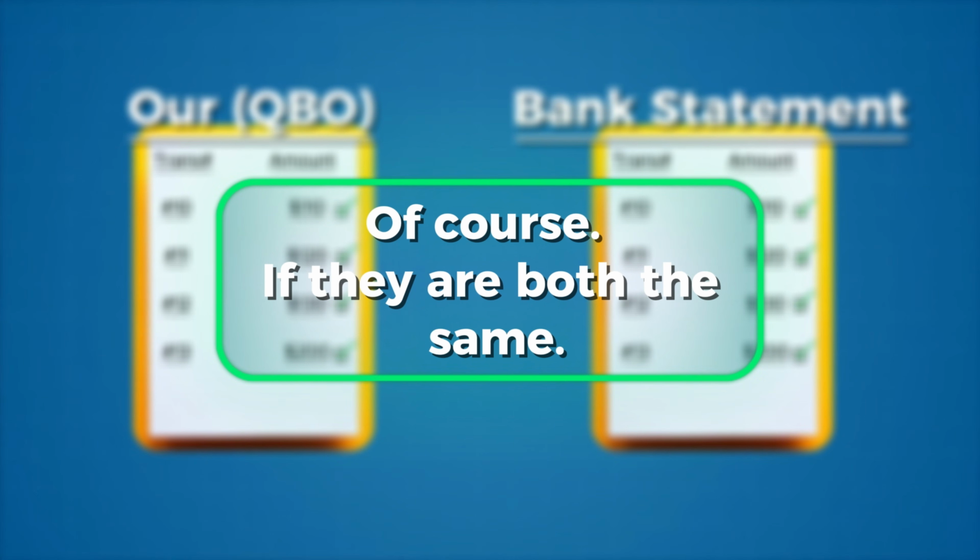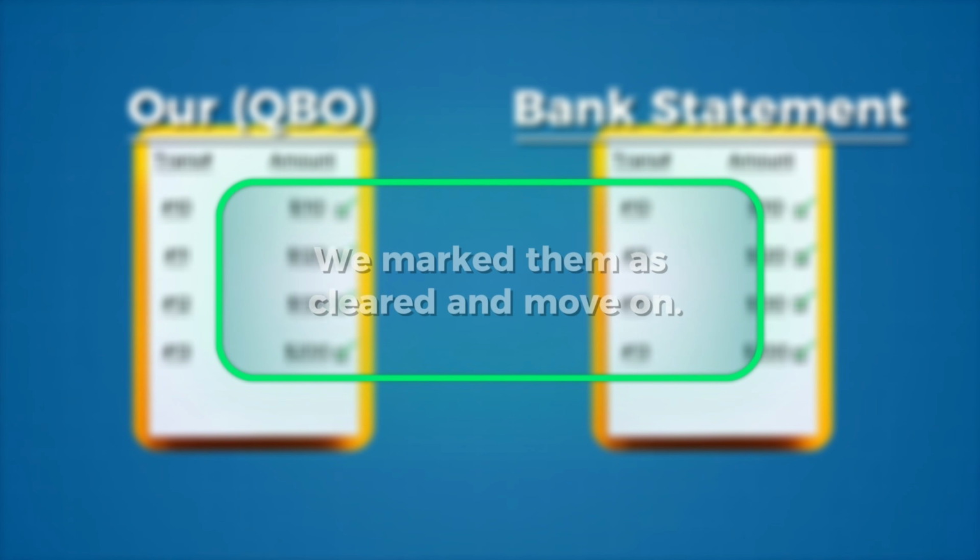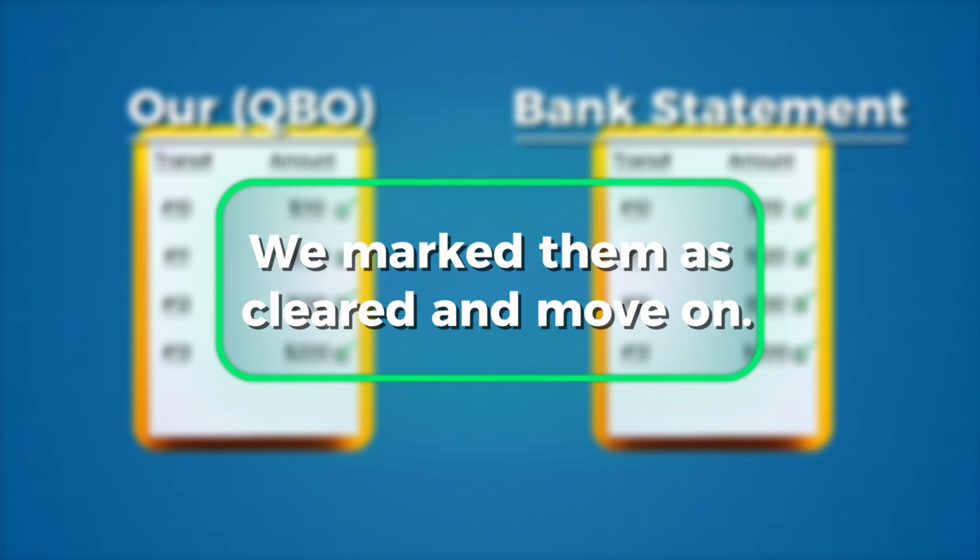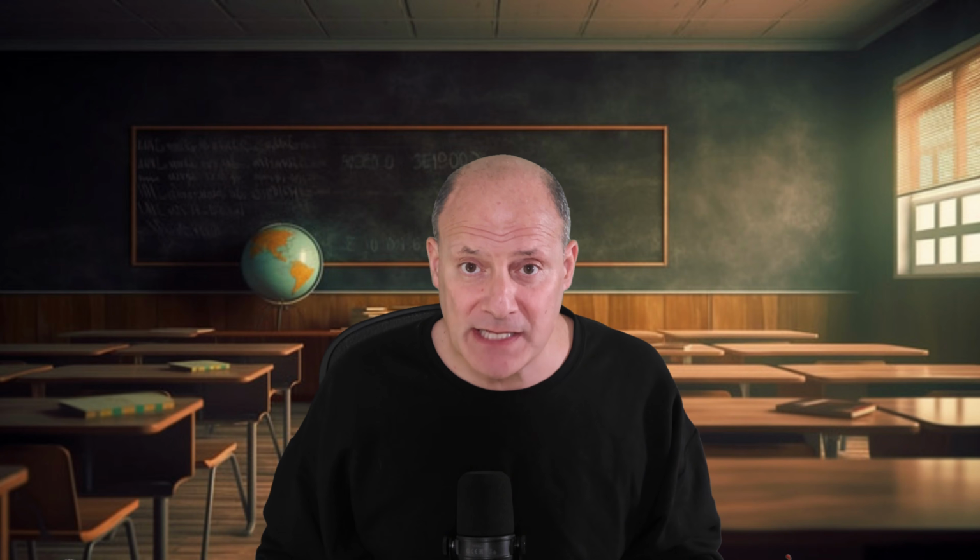And of course, if they're both the same, we mark them as cleared and move on. And also, of course, if you find any difference, you stop and investigate. And that's clearly a common sense process.